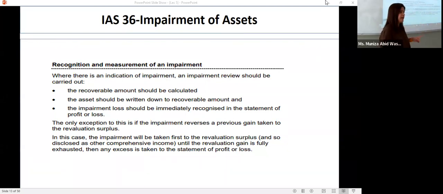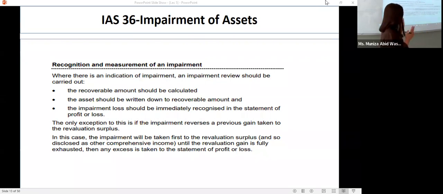So this is the first effect in regards to the impairment, that from now onwards, the asset will not be recognized at its carrying value, but at the recoverable amount. That is the greater of value in use and NRV. So this is the first effect. And from that point of time, the asset will be depreciated from recoverable amount. The depreciation will be taken on the recoverable amount onwards.